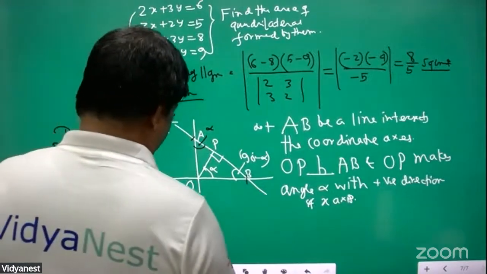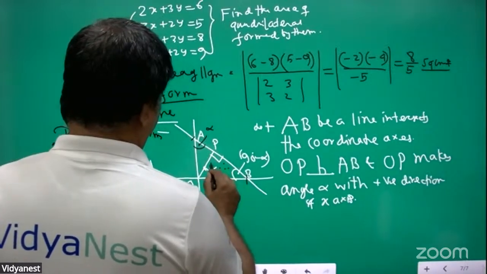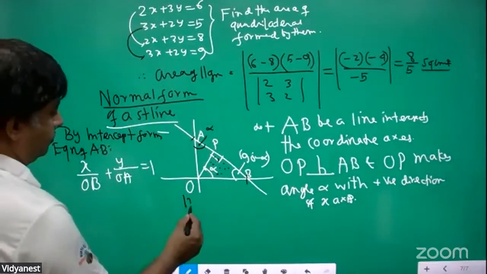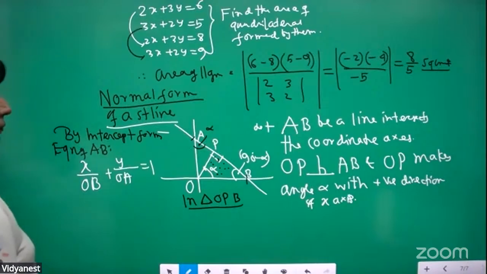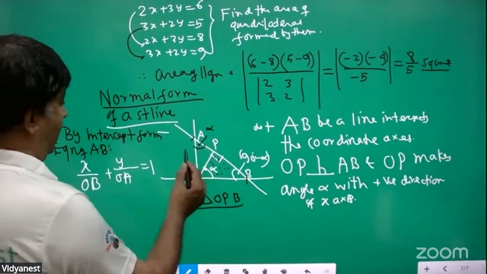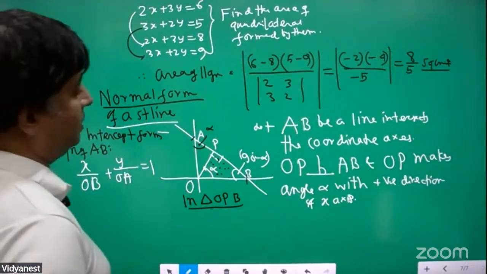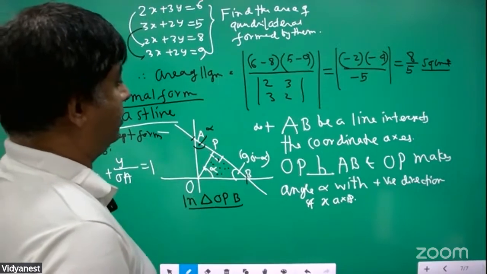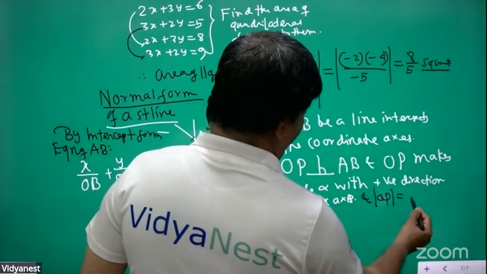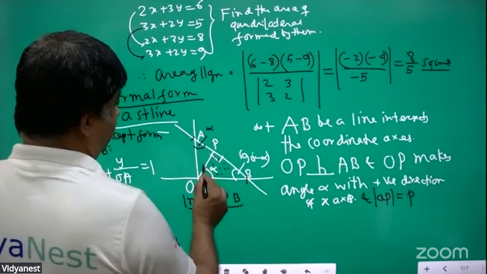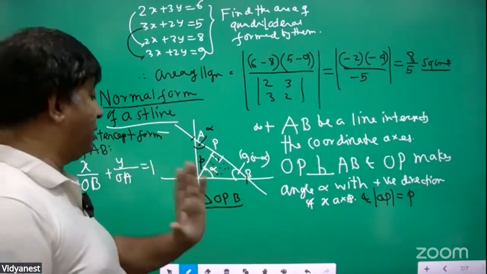See, if I consider this triangle, normal form means AB is a straight line and OP is perpendicular. Let the magnitude of OP be small p. Okay. Then what will be the equation of AB?